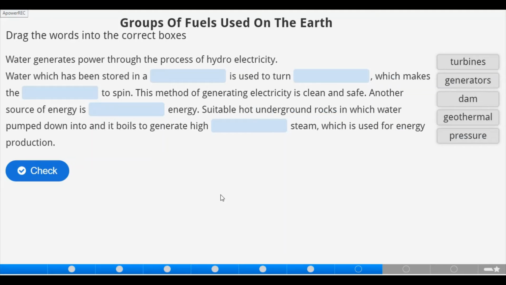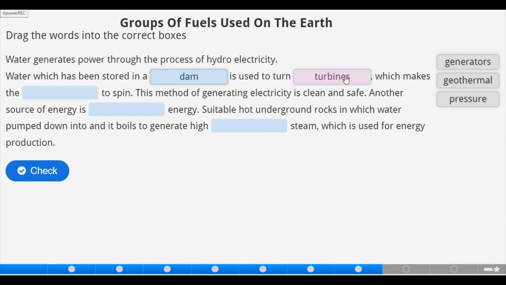All right. We are also to drag the following words into the correct boxes. This is dealing with hydroelectric energy. Water generates power through the process of hydroelectricity. Water which has been stored in a dam is used to turn turbines, which makes the generators spin.